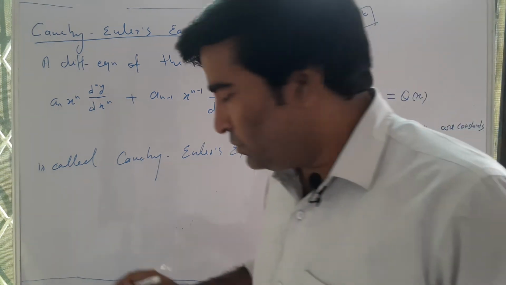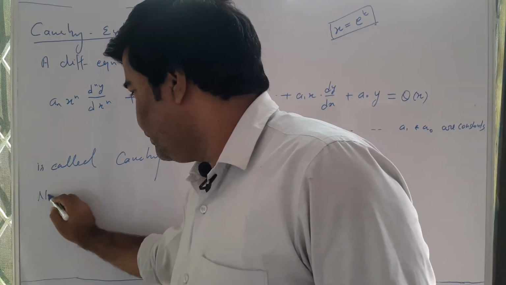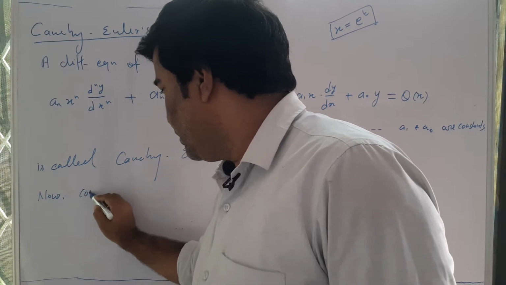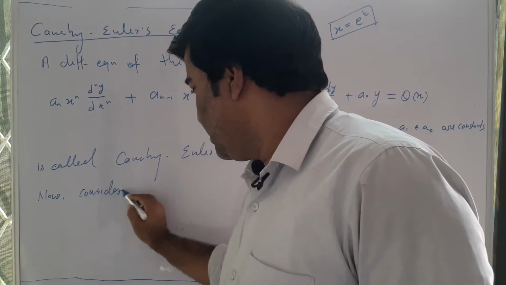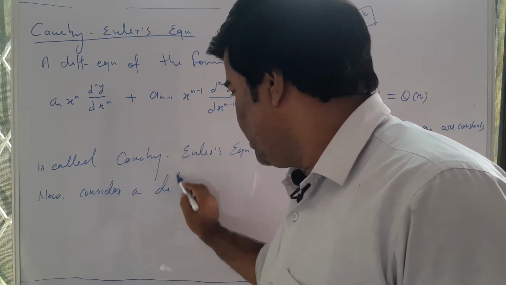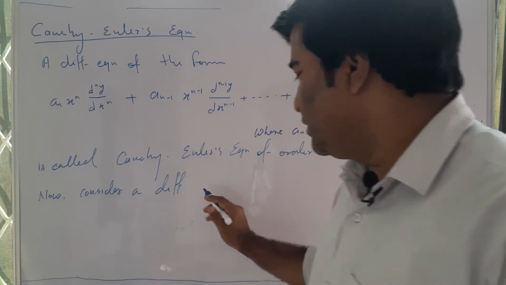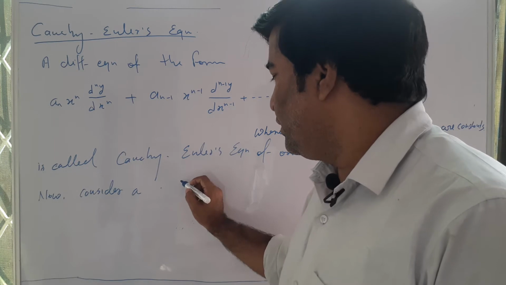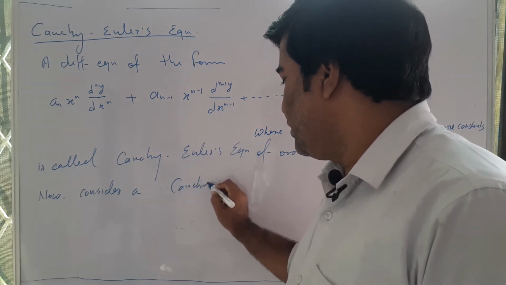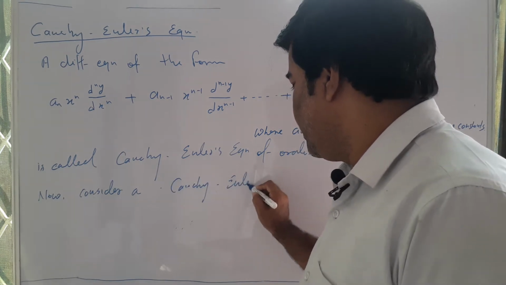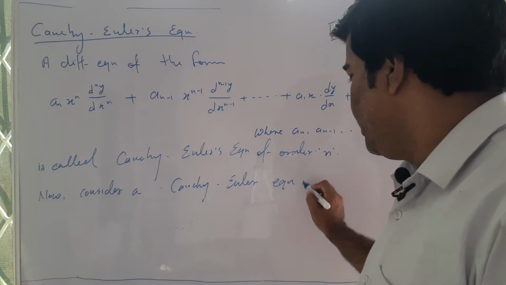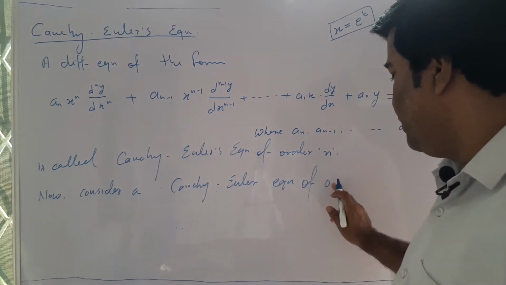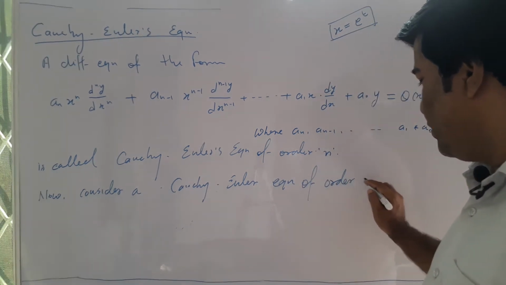Now consider a Cauchy-Euler equation of order 2.